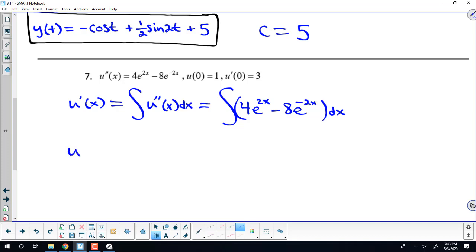So u prime is what? What's the antiderivative of 4e to the 2x? 2e to the 2x, minus the antiderivative of 8e to the negative 2x, plus 4e to the negative 2x. With the antiderivative, we get a constant.